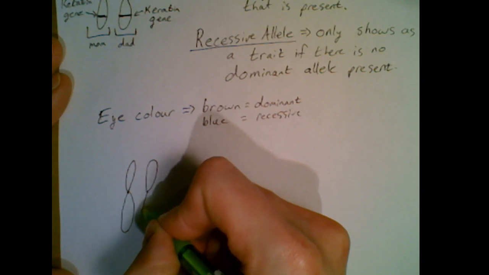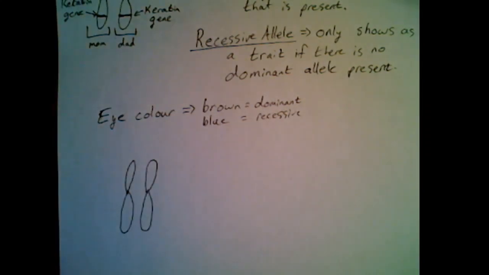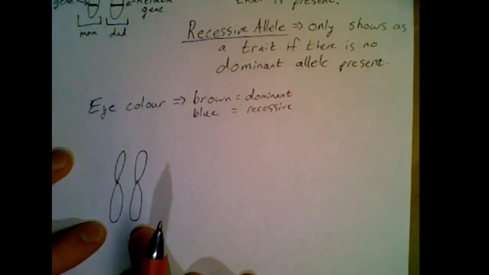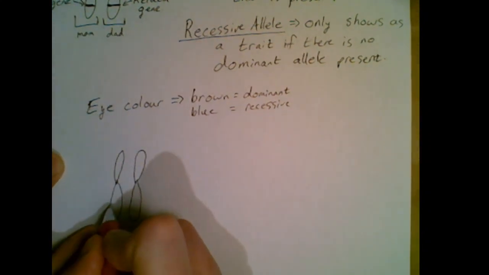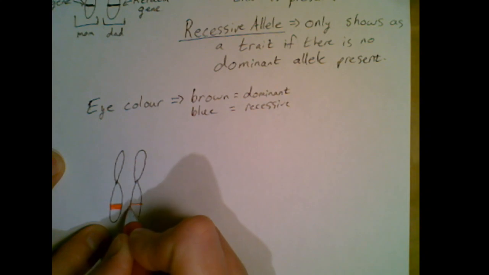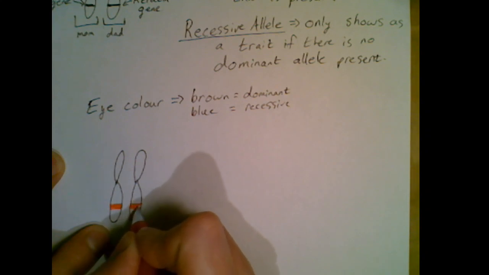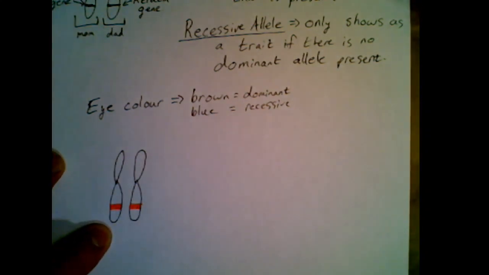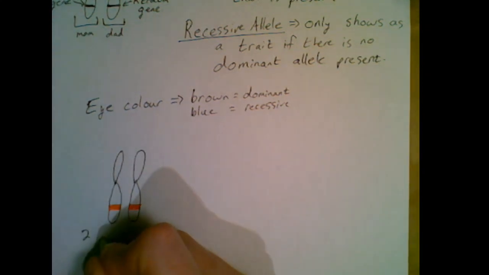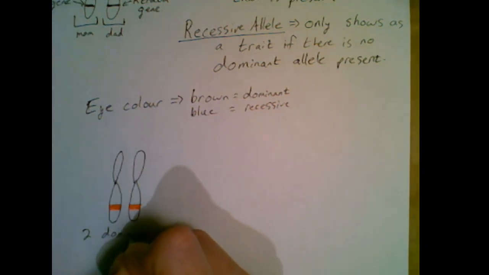So that means that you are going to have essentially three situations. You could have a person who inherits their two alleles, and they are both brown-eyed alleles. Essentially, this person inherited two dominant alleles.